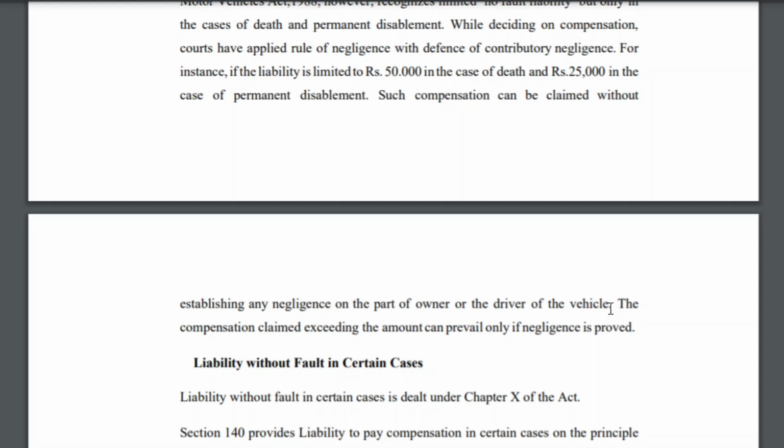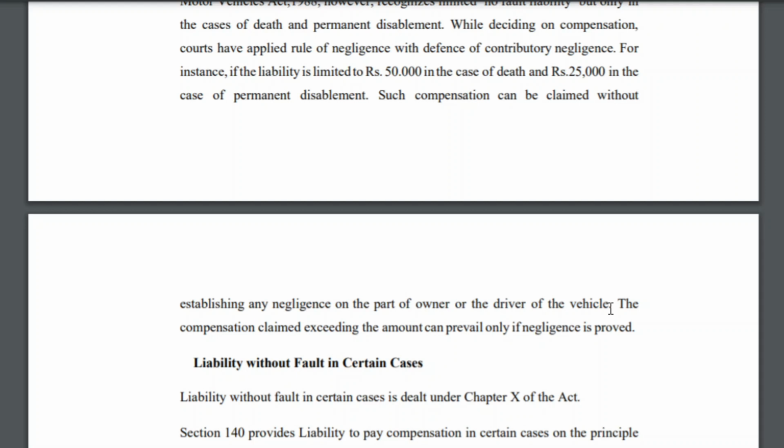There is no question of proving or establishing any negligence. That means as a part of helping the injured, this Act plays a pivotal role in all respects.